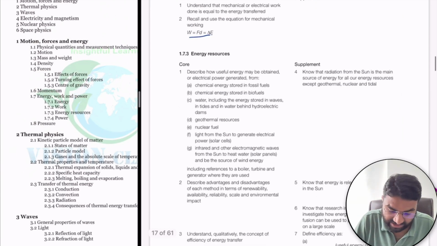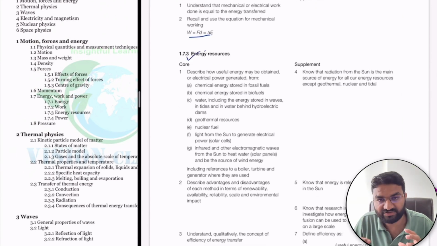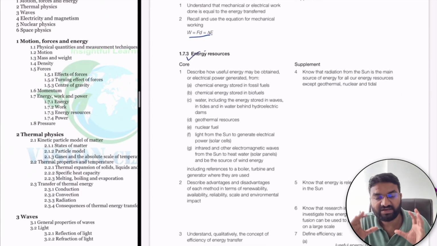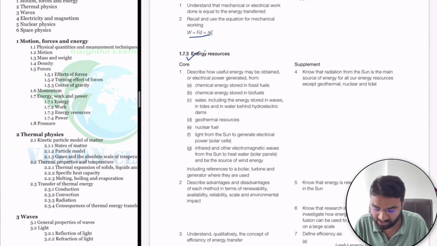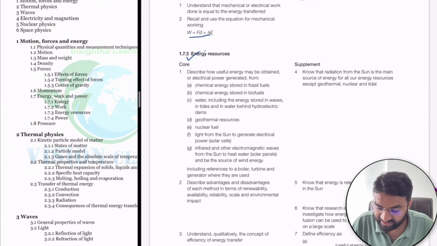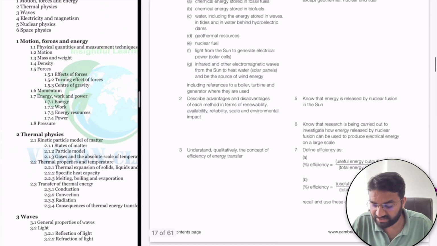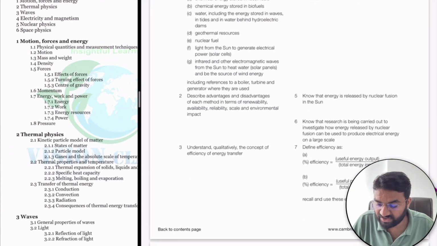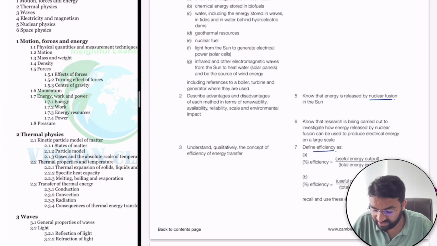Then we have energy resources. There are many forms of energy, and their energy resources, advantages and disadvantages are there for both core as well as extended. For extended students, they have to understand energy released by nuclear fusion. Next, energy efficiency concepts to solve complex problems.